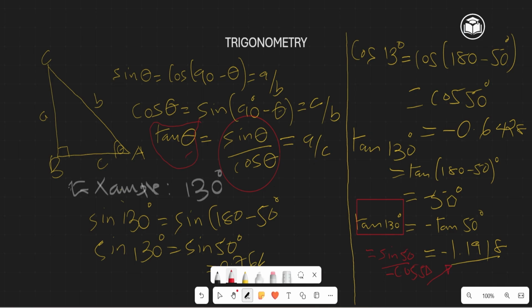Hope you understand and agree on this. We can compute the value of sine 50 divided by negative cos 50, and automatically it will give us this value again.